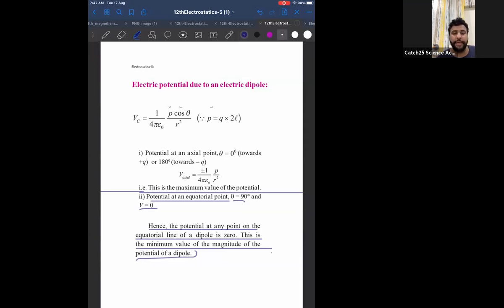Finish writing. So there are three formulae. One is a general formula. One is a formula on the axis. One is a formula on the equator. They are not different formulae.